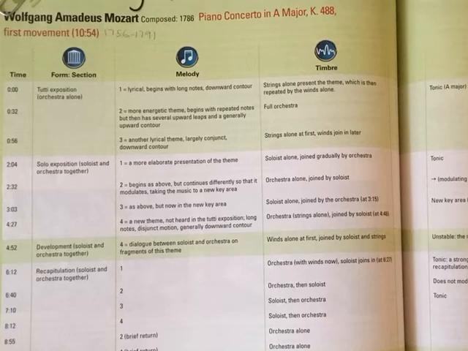And then we'll get into the development, and I'll probably stop it there. But then listen for the recapitulation and certainly the cadenza. Okay, and we know what a cadenza is from the Bach Brandenburg Concerto, which we did listen to in its entirety.